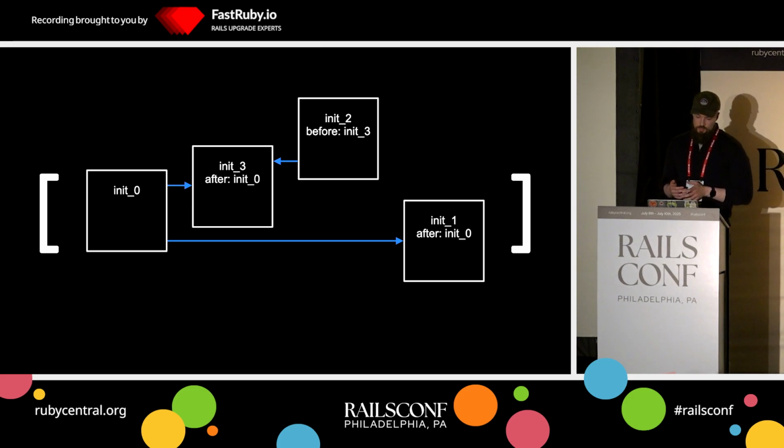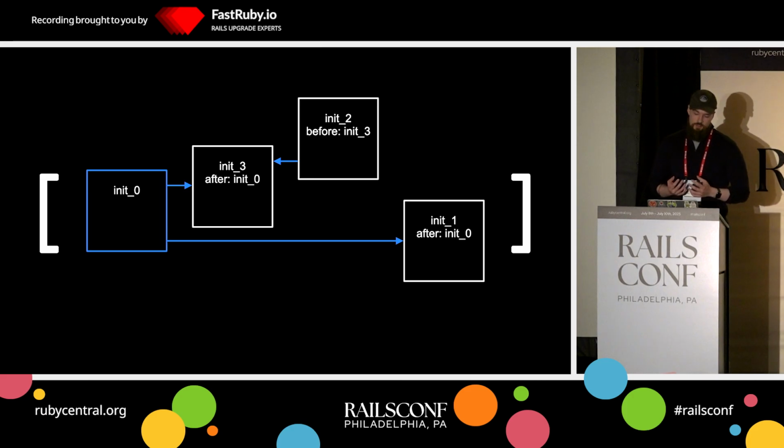Just to run through it, each node has multiple connections, and these will be our node children. Init 0 has 2 children, init 3 and init 1. Init 2 has 1 child, init 1, and then all the other nodes have no children.